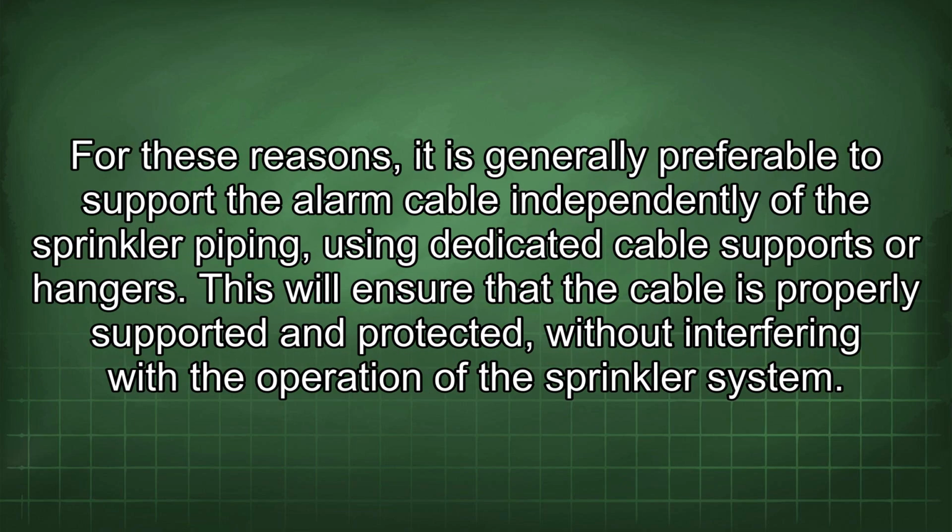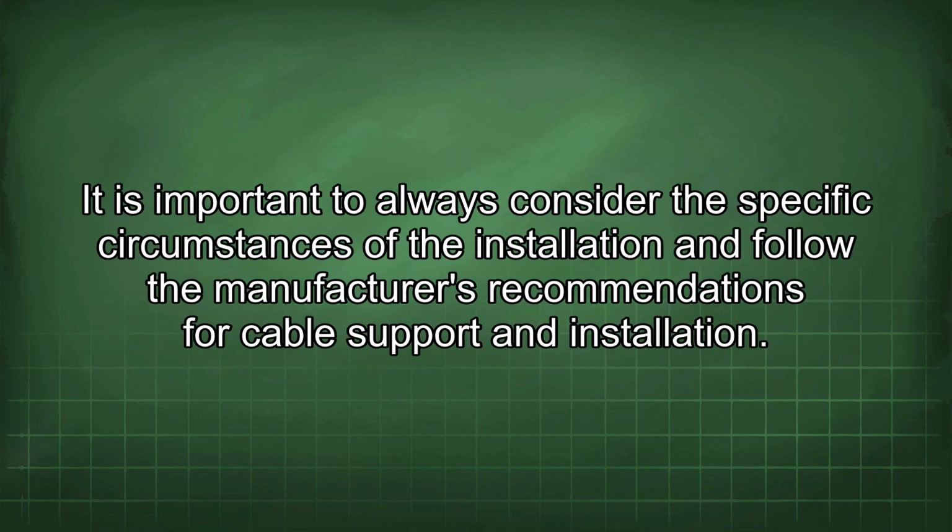For these reasons, it is generally preferable to support the alarm cable independently of the sprinkler piping, using dedicated cable supports or hangers. This will ensure that the cable is properly supported and protected, without interfering with the operation of the sprinkler system. It is important to always consider the specific circumstances of the installation and follow the manufacturer's recommendations for cable support and installation.